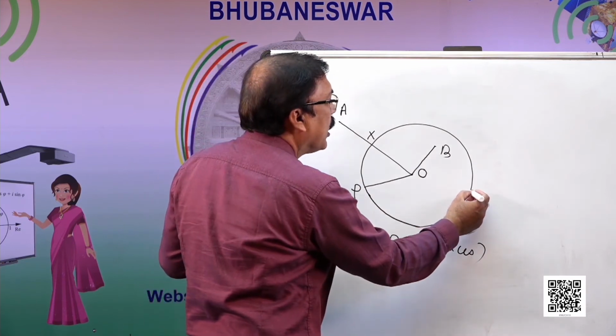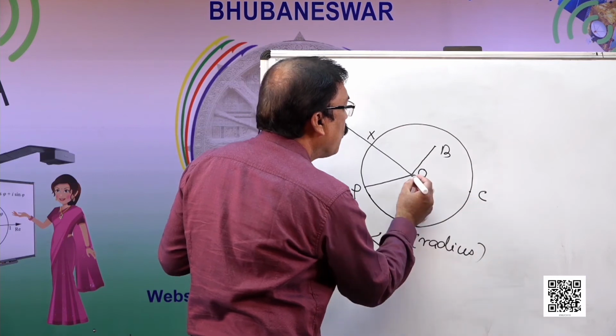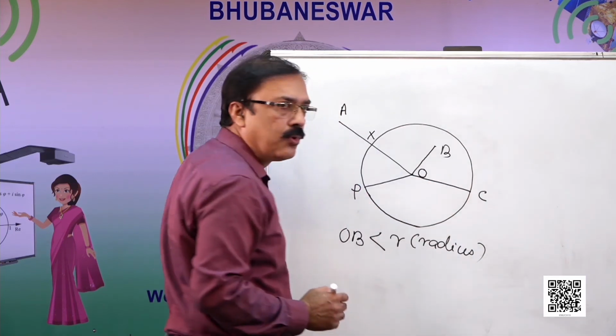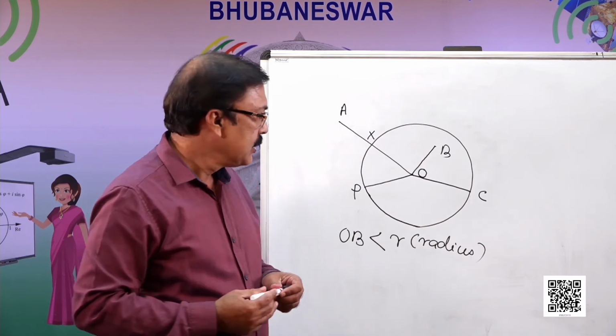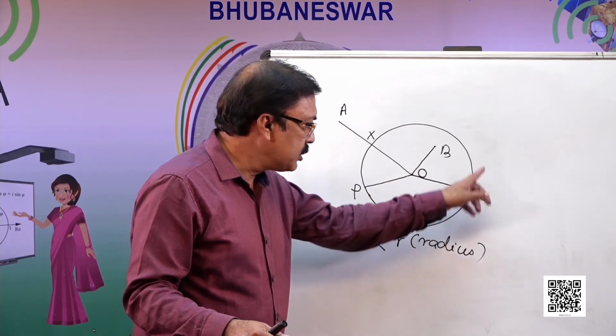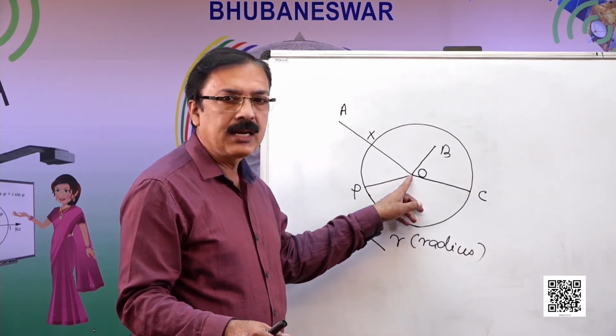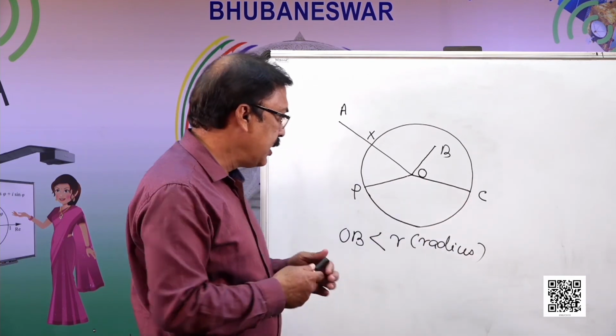If we put a point here on the circle, let it be C, OC. As you know, by the definition of radius, the distance between a point on the circle and the center of the circle is the radius. So OC is the radius.